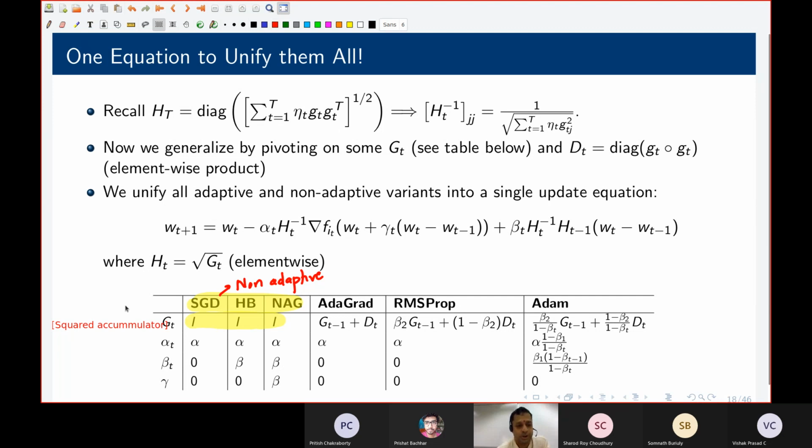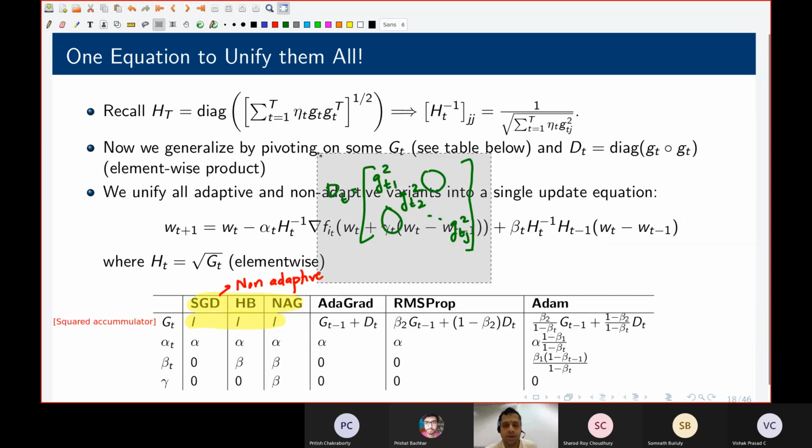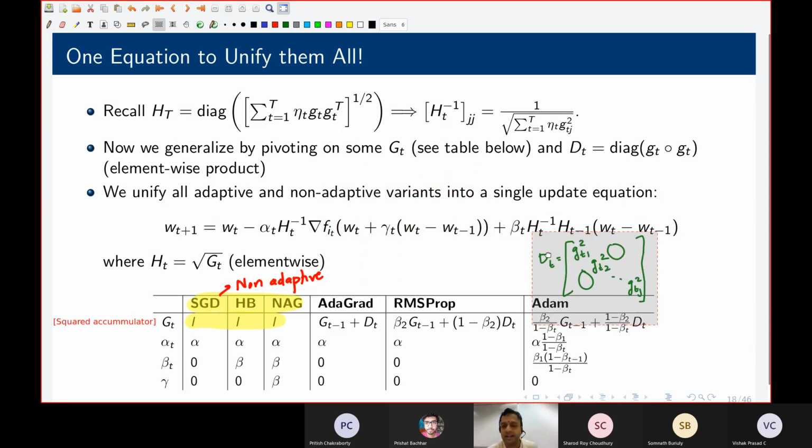Therefore we have to take a square root before actually using it, and you're just adding the square of this D_t. So the square of D_t you're adding everywhere, so that your current curvature is accounted for in the squared accumulator.